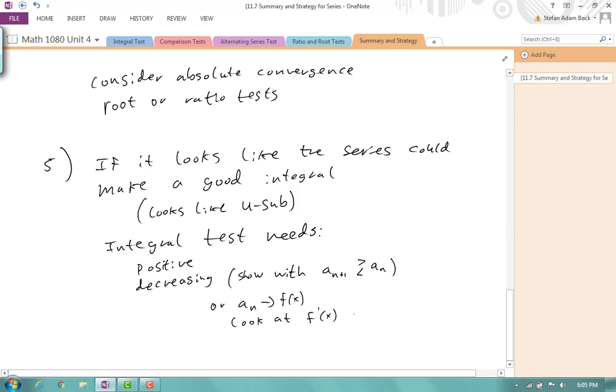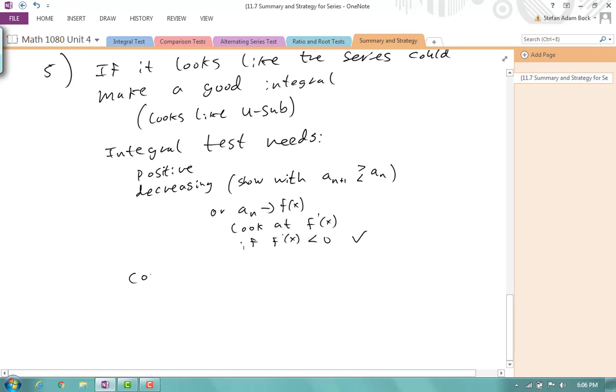If f prime of x is less than 0, then we're going to be a decreasing sequence. And we need continuous, which basically means I don't divide by 0 anywhere from whatever to infinity.